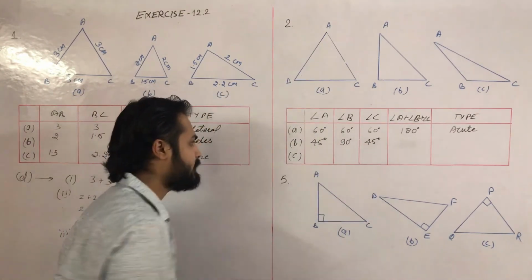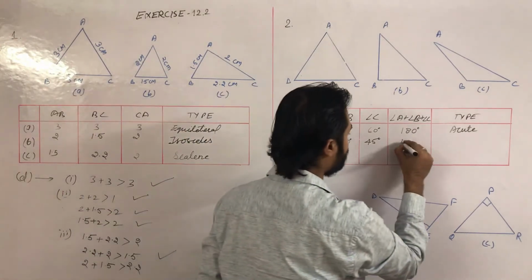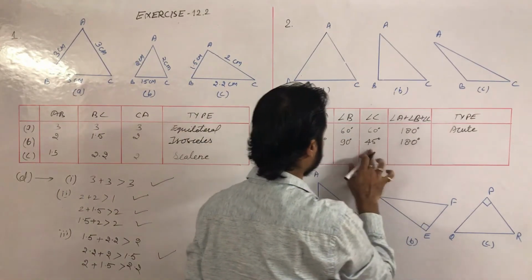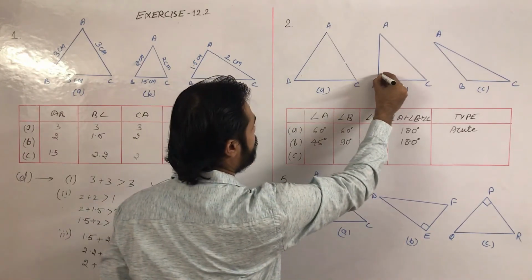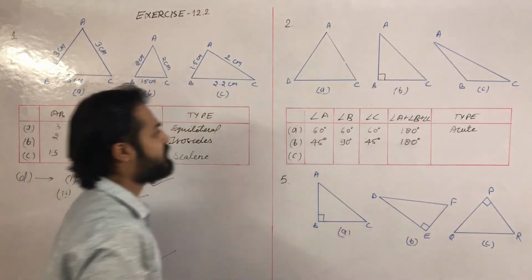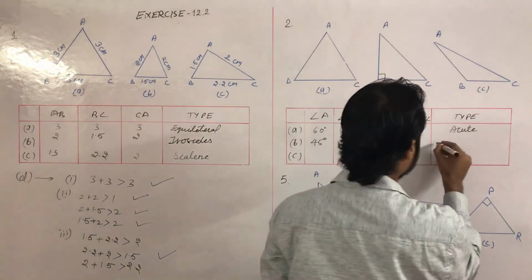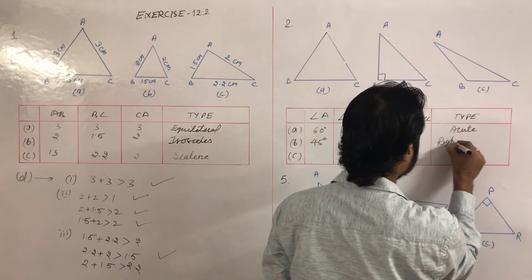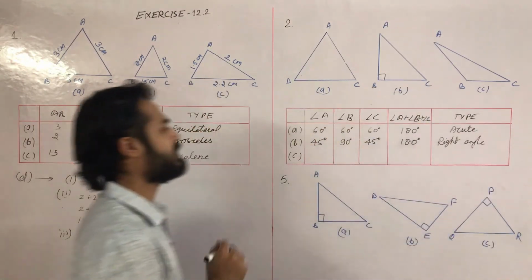So 45 plus 45 is 90, 90 plus 90 is 180. The total is 180. And we know that if one angle of a triangle is 90 degrees, then the triangle is known as a right angle triangle or right triangle.